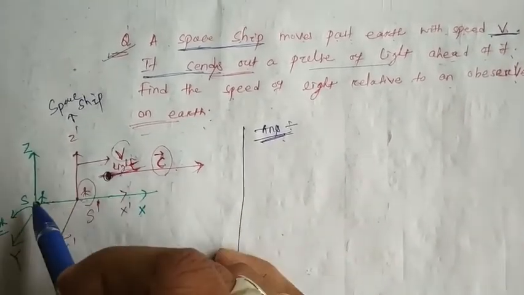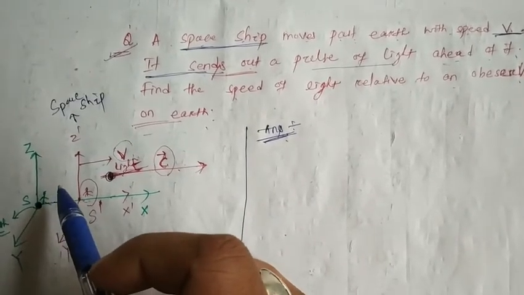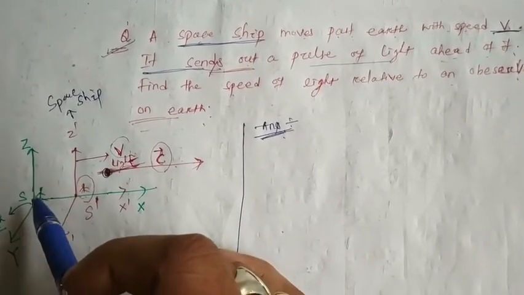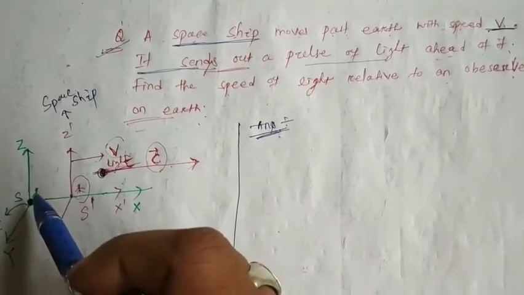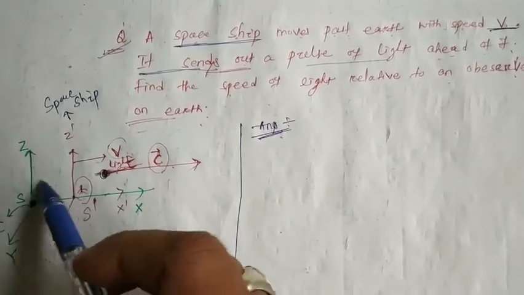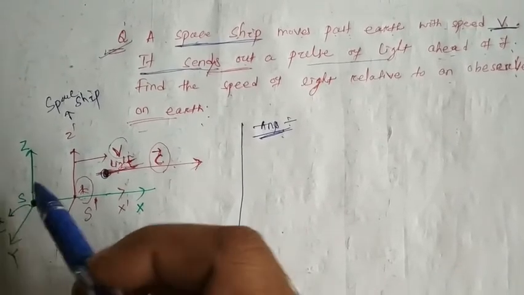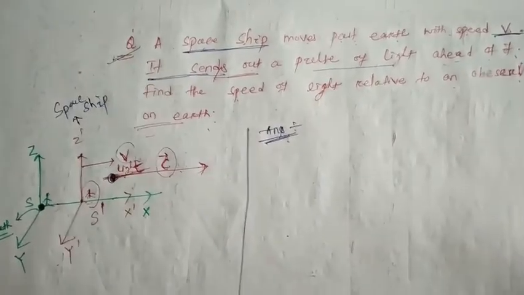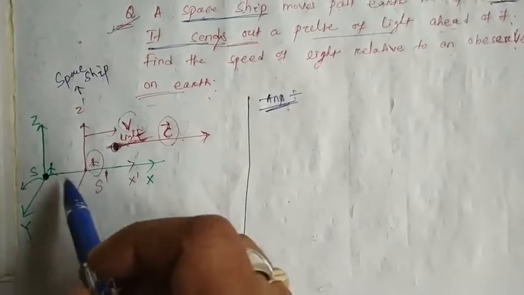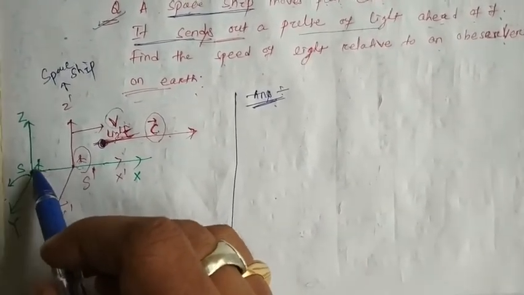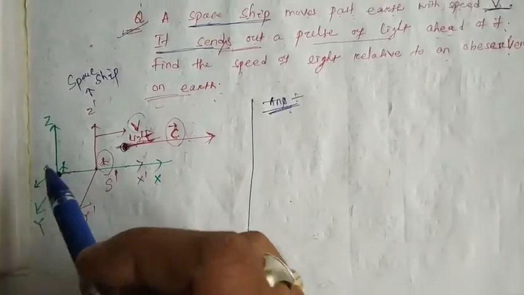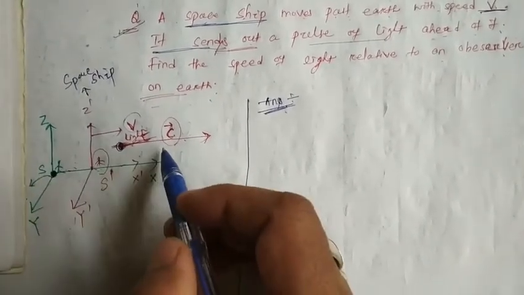But according to velocity addition, we can expect that this person will measure a different velocity of light from this frame of reference, but it is not so. At last we are going to find that this person, who is in the Earth frame, is also going to measure the velocity of the light as c.